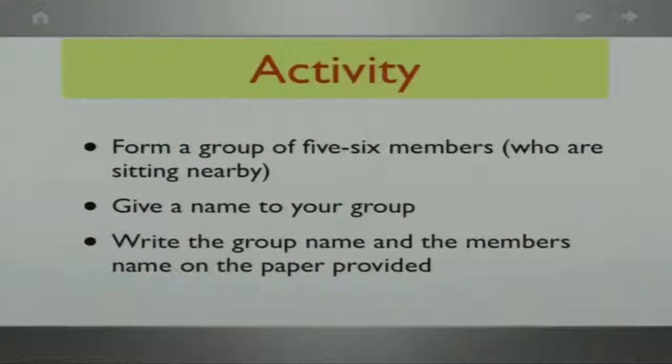But let us first start with an activity. I am told that the groups are already formed. Every row becomes a group. If you are a group, giving a name to your group was the initial idea, but no need to spend time on that.